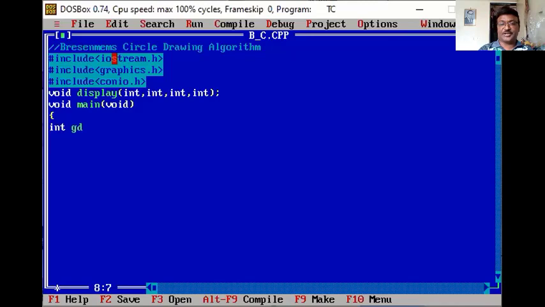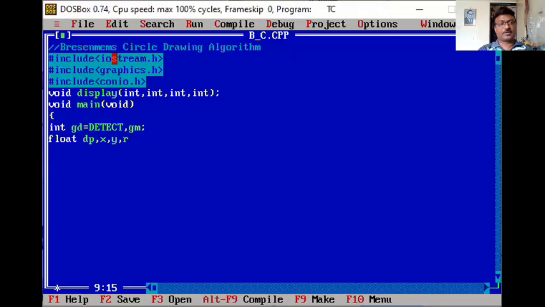int gd, I have to collect here. This is my detect, and then go for gm, the graphic driver and graphics mode. We'll consider any float value or calculation dp for the decision parameter. Then x, y I have considered.